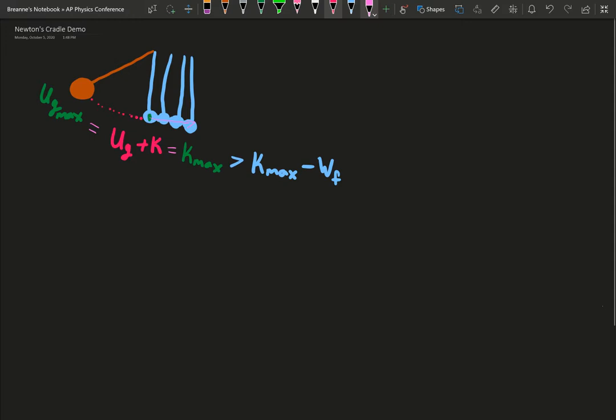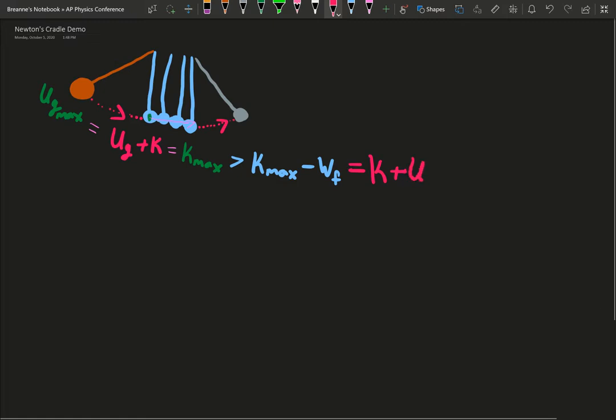Now, eventually, it will start moving again. It's going this way, it's going this way, and then you'll have one of them go here. So again, as it's moving up, you have kinetic energy.